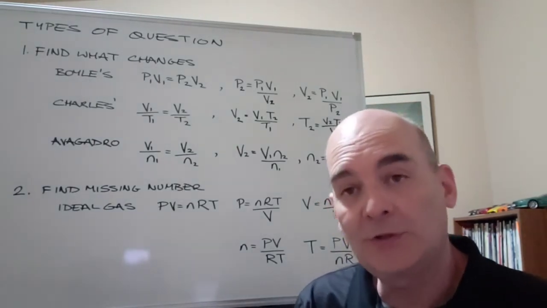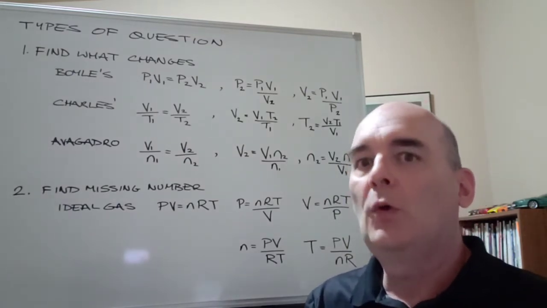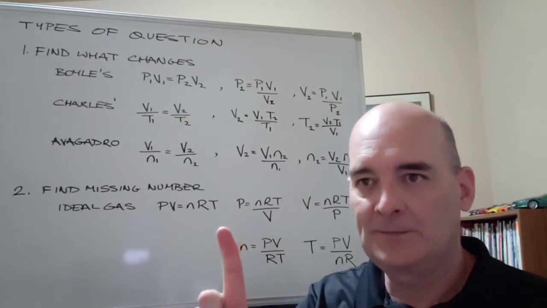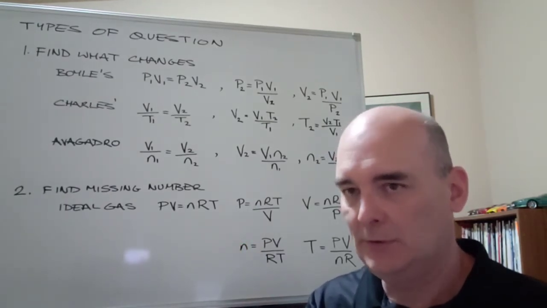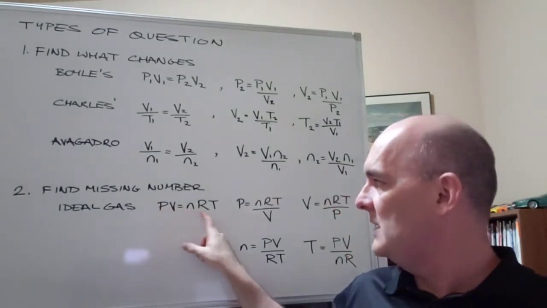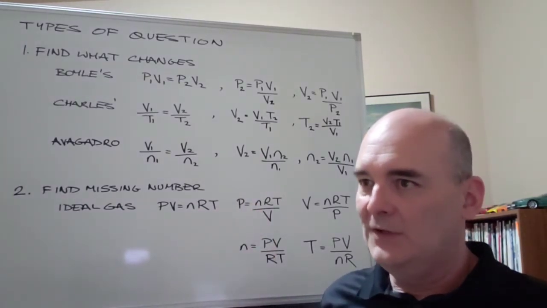The other kind of question that you're going to see is a question that gives you lots of information, but there's one number missing. And those are going to be ideal gas law questions. And the ideal gas law tells us PV equals nRT. So lots of information in this question.